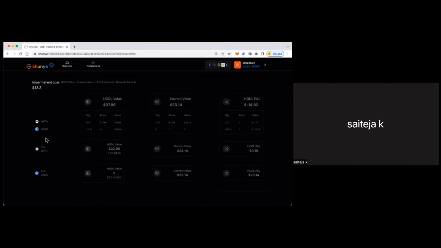Along with that, we provide you the risk analysis. Let's say I hadn't invested in just a USDC liquidity pool, and I had invested all that liquidity in one particular asset. How would that scenario have been? I would have ended up in profit, a 19 cents profit.